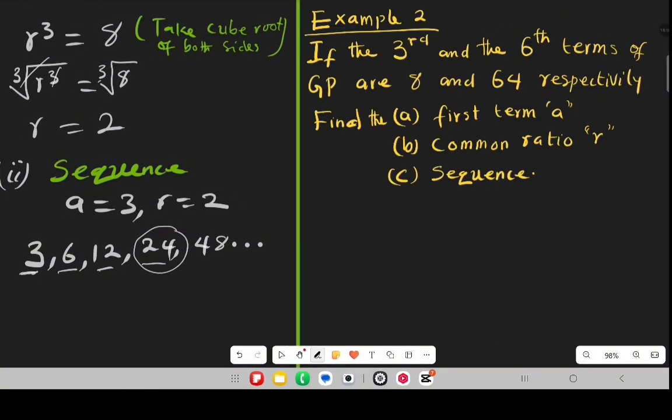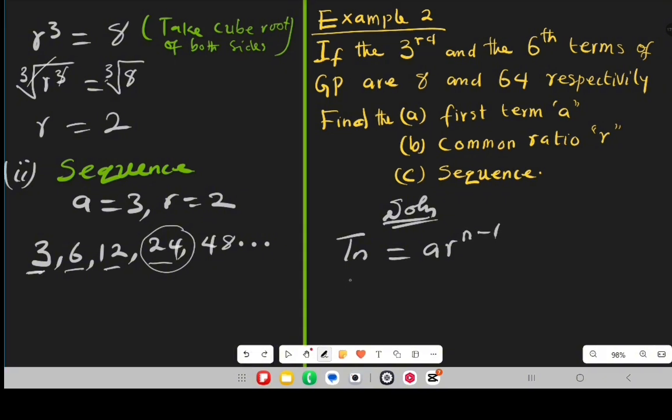Example 2. If the third and the sixth term of a GP are 8 and 64 respectively, find (A) the first term, (B) the common ratio, and (C) the sequence. Solution. First, we write the formula for the nth term of a GP, which is Tn equal to a r raised to the power of n minus 1.